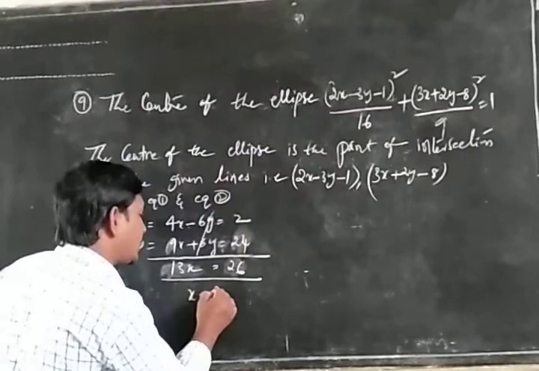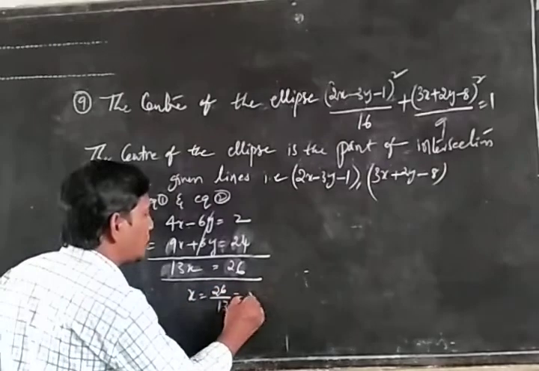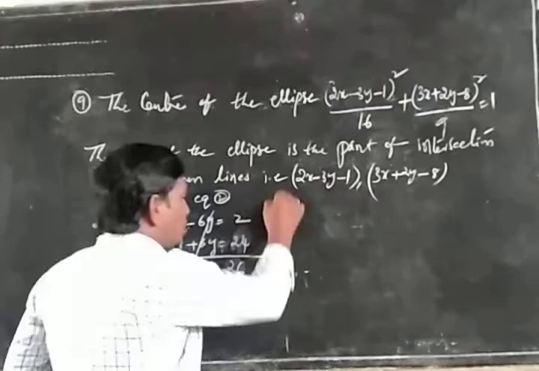Then x equal to 26 by 13, that equal to 2. So here x equal to 2.